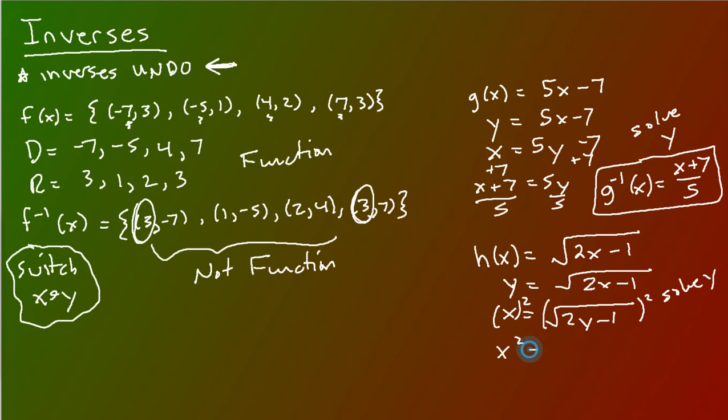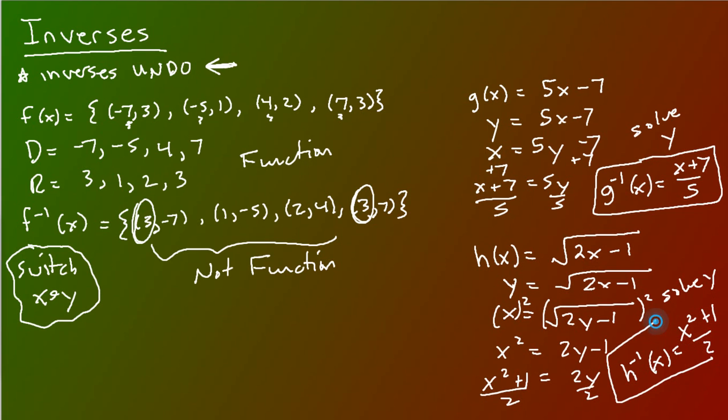So I get x squared equals 2y minus 1. Then I add the 1. And then I divide by 2. Everything divided by 2. So I'm ready to say what the inverse of h is. H inverse of x is x squared plus 1 all over 2. No problems.